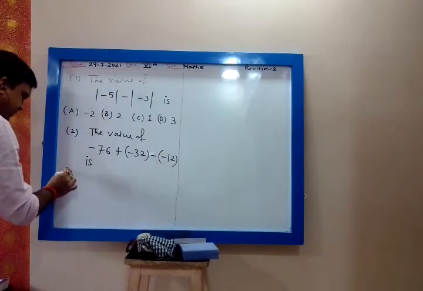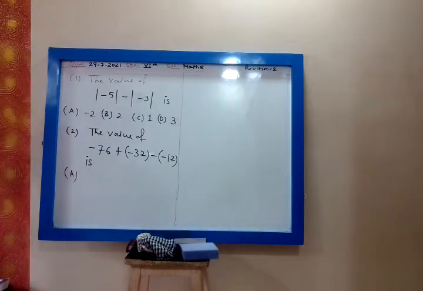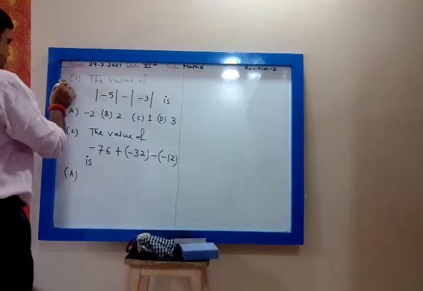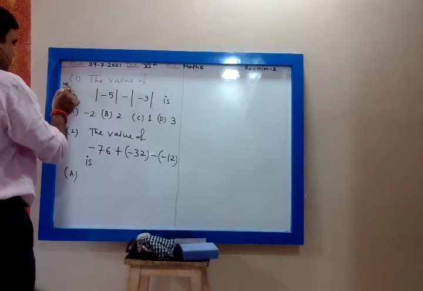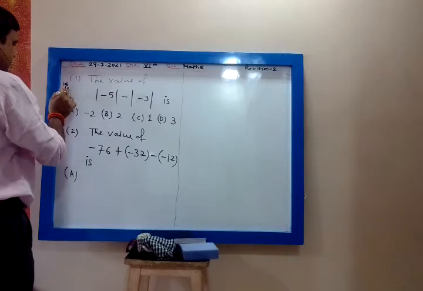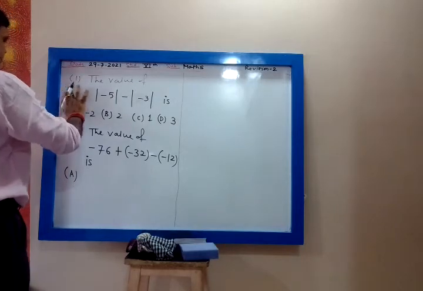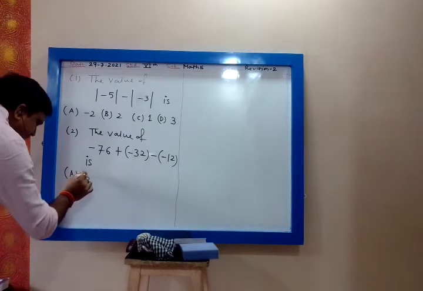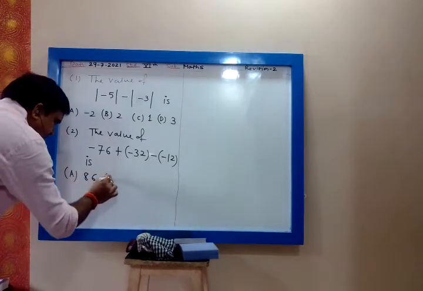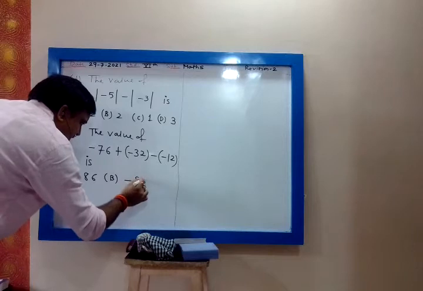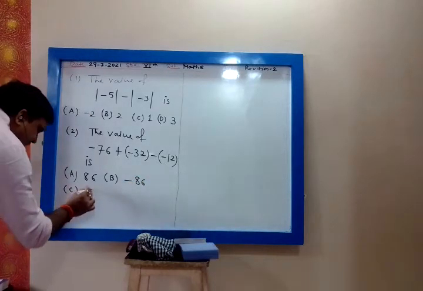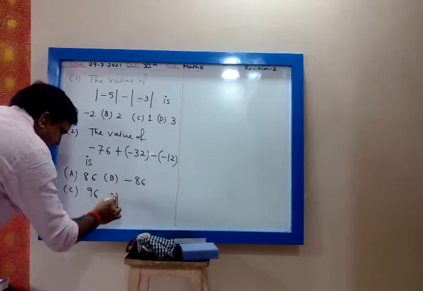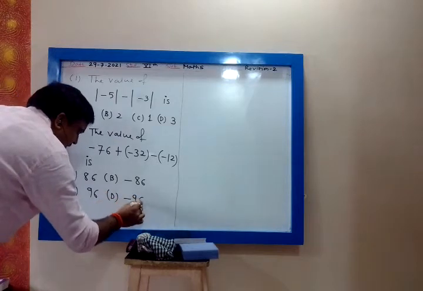Option A is 86, B is -86, C is 96 and D is -96. Okay, work it out. Chalo.